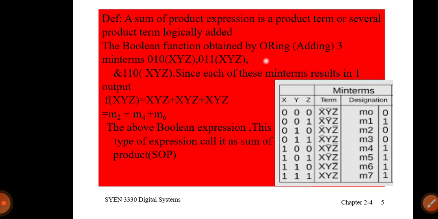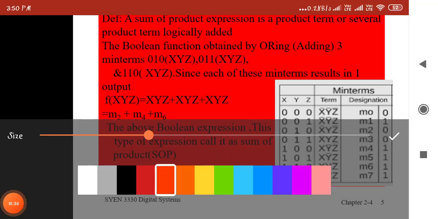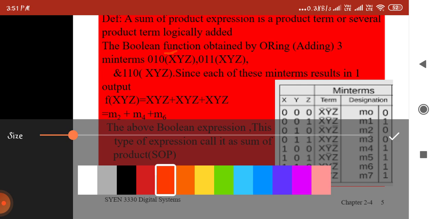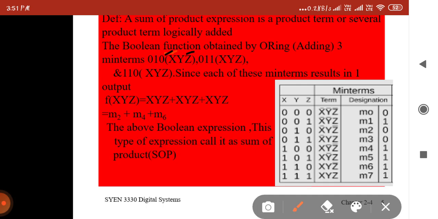The Boolean function is obtained by adding the minterms. 0, 1, 0 is X bar, Y, Z bar. Next, 0, 1, 1 is X bar, Y, Z.